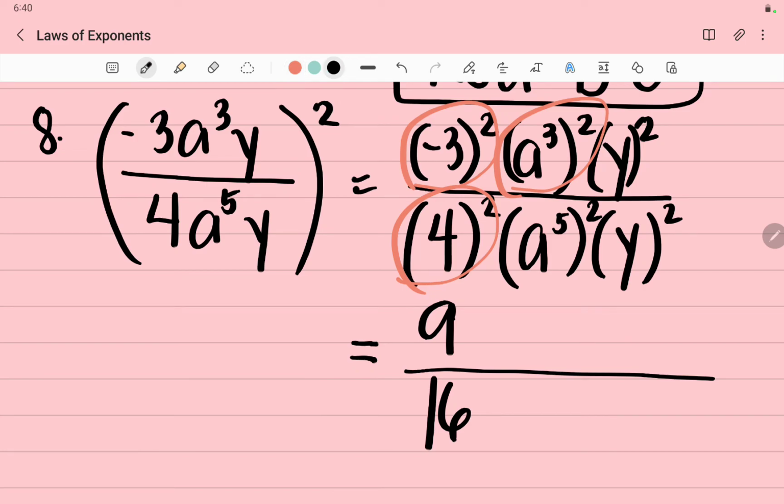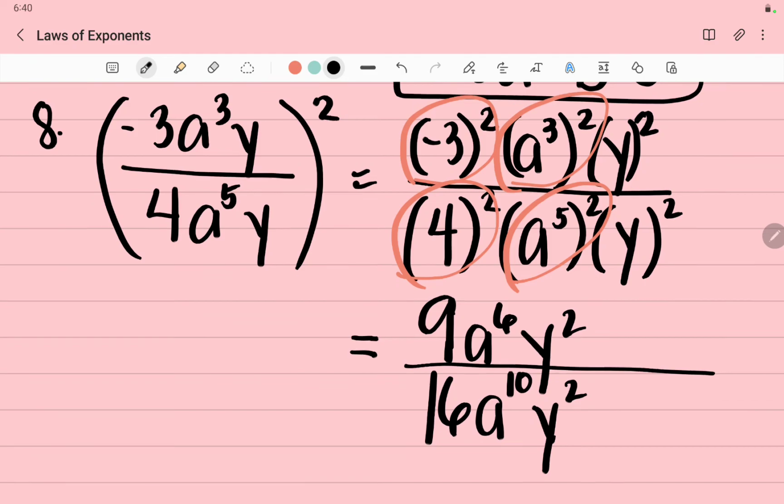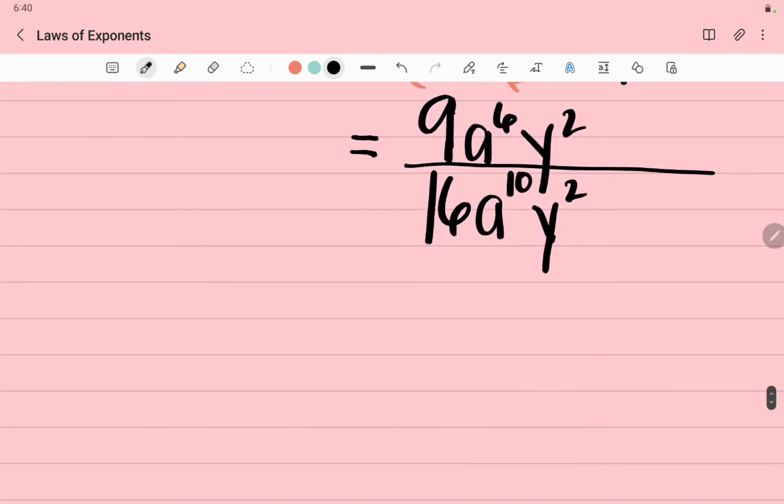Now, power of power, that is 9. A raised to 6. Again, power of power, that is a raised to 10. Can we divide 9 by 16?